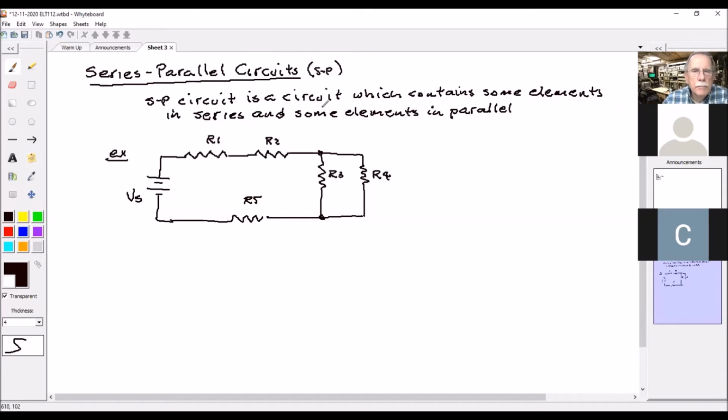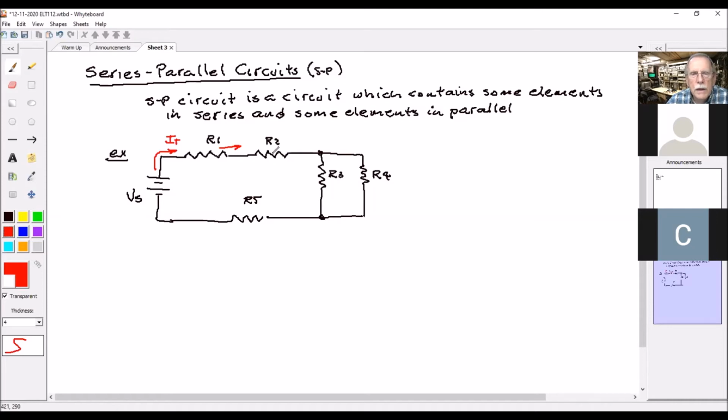So let's look at this circuit and let's think about it for a minute. We know that IT leaves the source. And where does it go? What's the first thing it hits? R1. So the current goes into R1, comes out of R1. The current that comes out of R1 goes where?